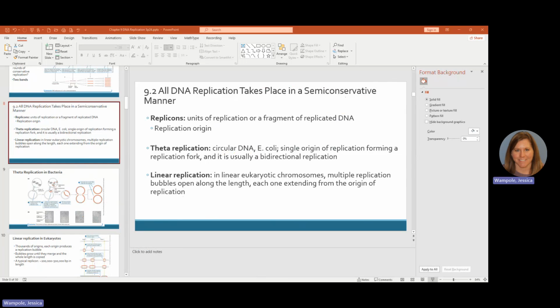Okay, so replication is going to happen in opposite directions on opposite strands, because of DNA polymerase's quirky little function that it can only add to that 3' end. So if we have a strand of DNA, 5', 3', let's assume that it's already opened up.